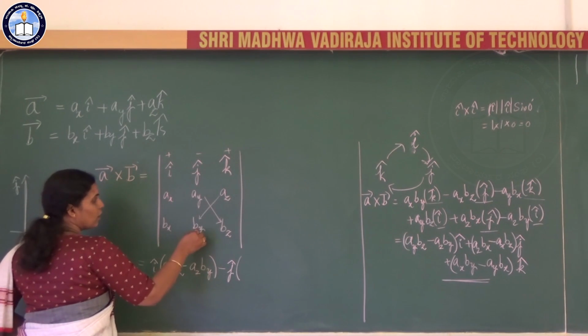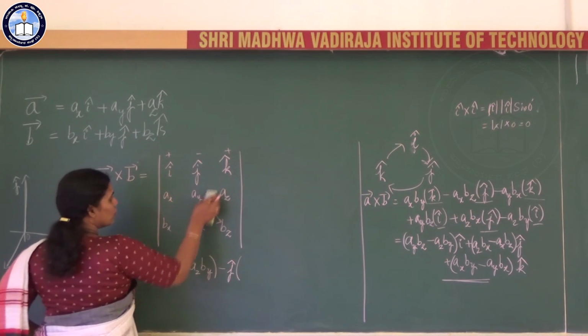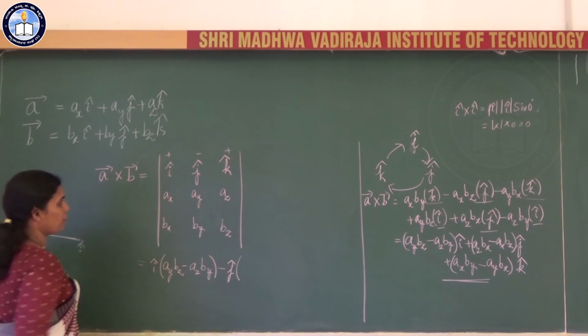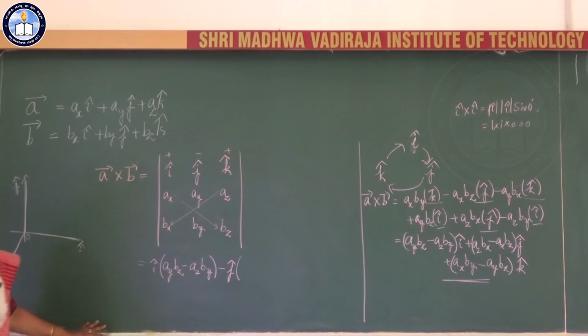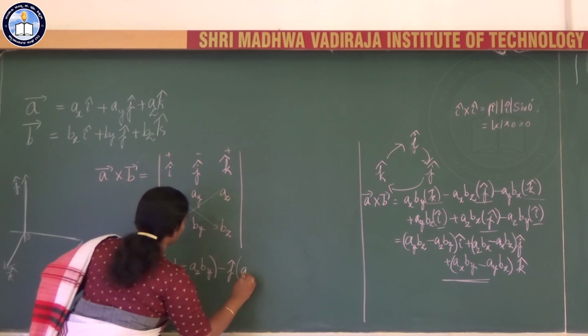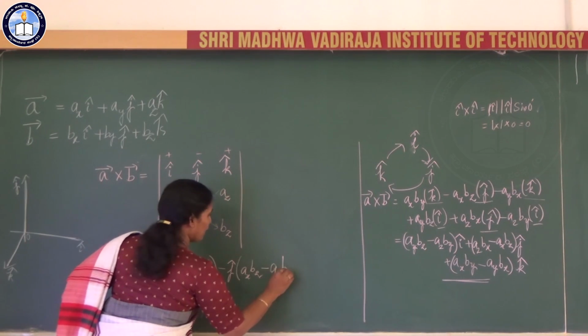Leave that column and row, the remaining thing is here. Minus j cap into (Ax Bz minus Az Bx).